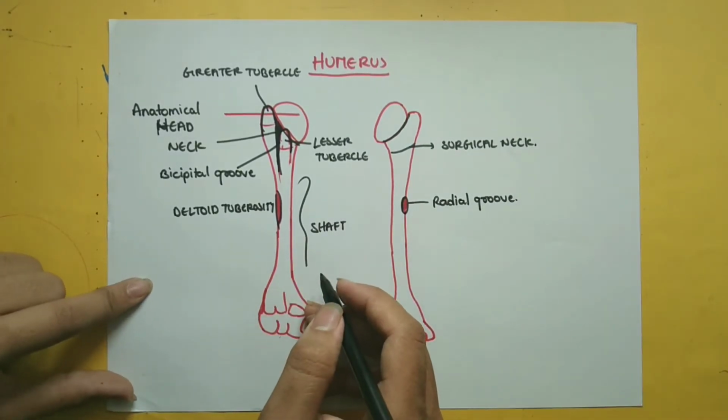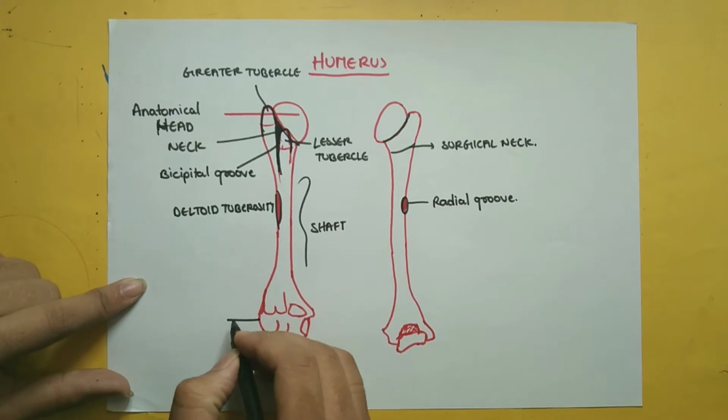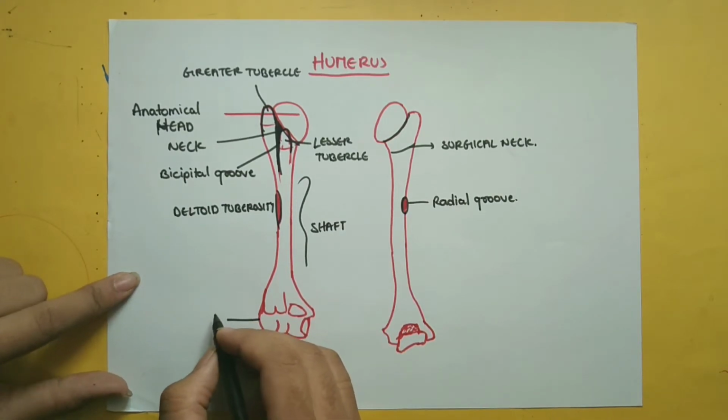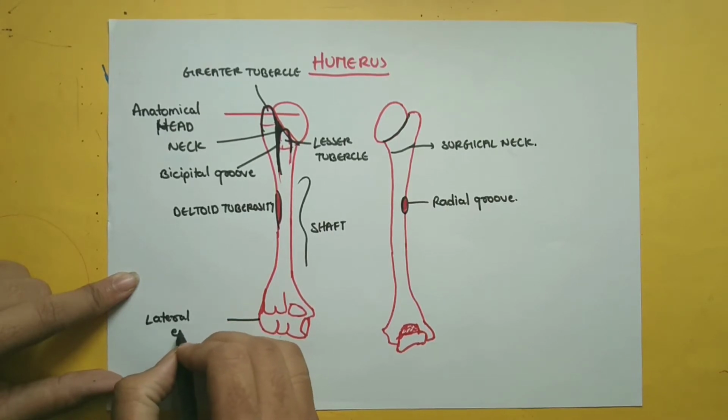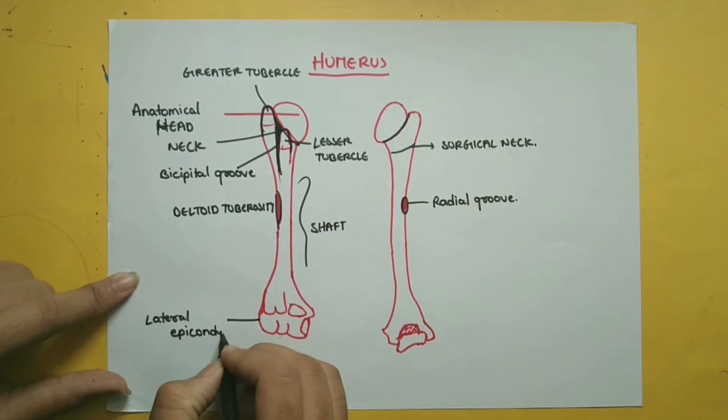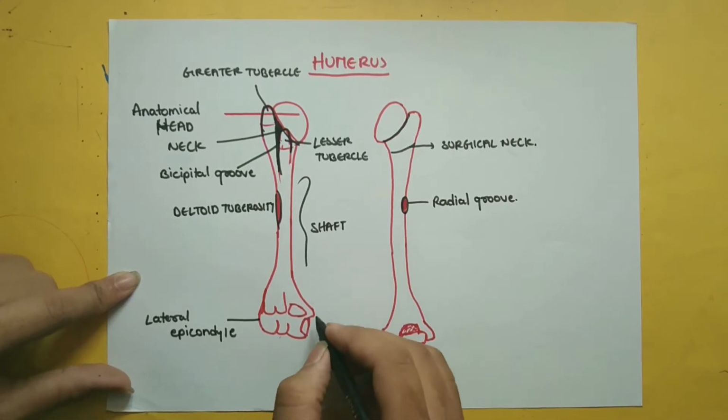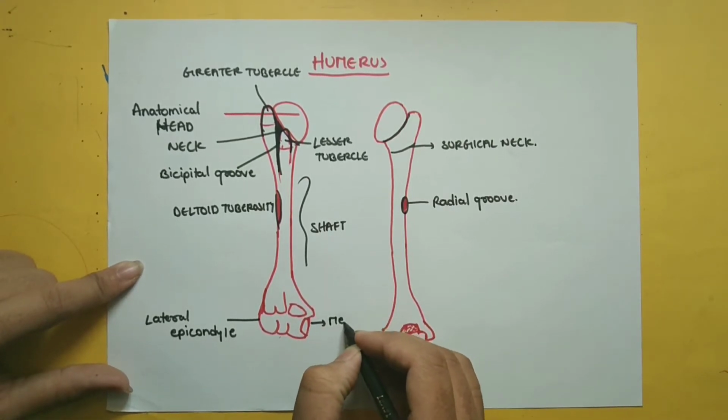And after that, this is the lateral epicondyle. This is the medial.